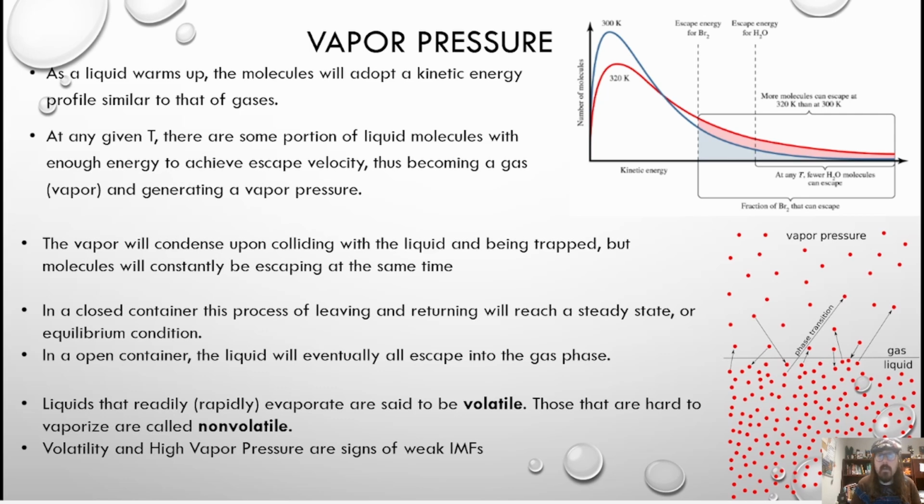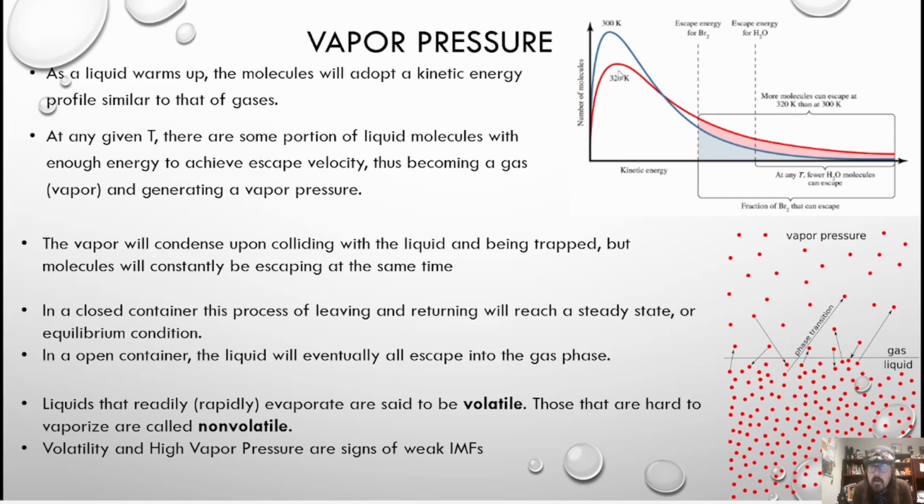We talked about this last semester in the gas chapters, that liquid water has a vapor pressure that is directly dependent on the temperature and not dependent upon anything else. That's because the temperature of that water will tell us how many water molecules will be able to achieve escape velocity.